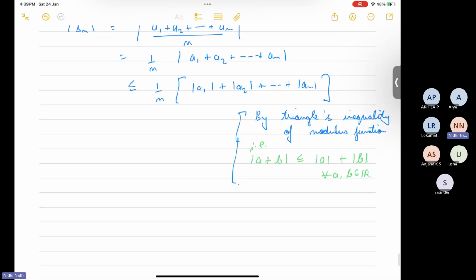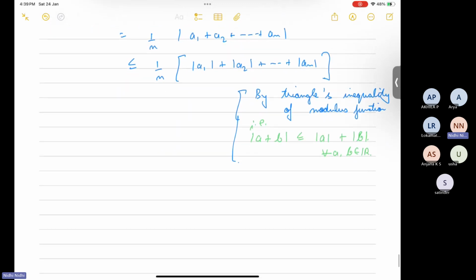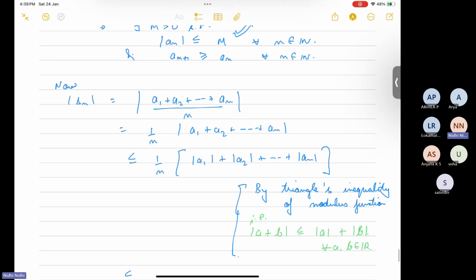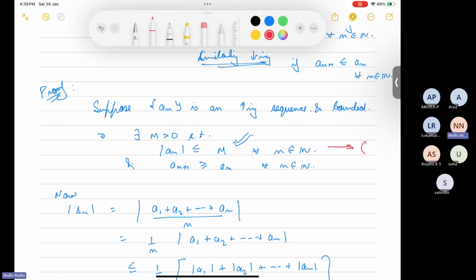Now since the sequence an was bounded, we know that mod an is less than or equal to m for every n. So mod a1 is less than m, mod a2 is less than m, and up till mod an is also less than m. I'll mark this as equation 1, and this as 2.